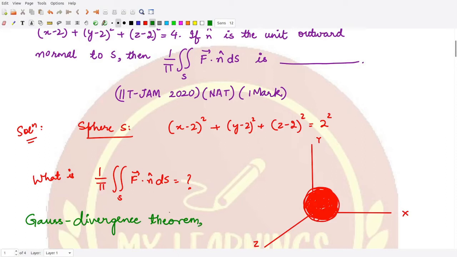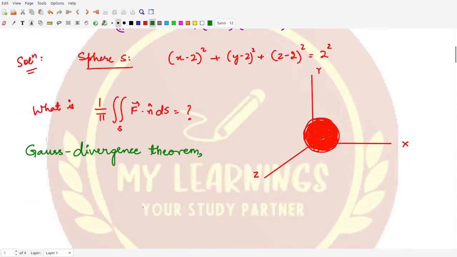According to this theorem, it converts the surface integral into the corresponding volume integral. So by Gauss divergence theorem, the surface integral over S, over this sphere, of f vector dot n vector dS is simply equal to the volume integral of del dot f dV, right? So it is equal to the volume integral of the divergence of this particular vector.